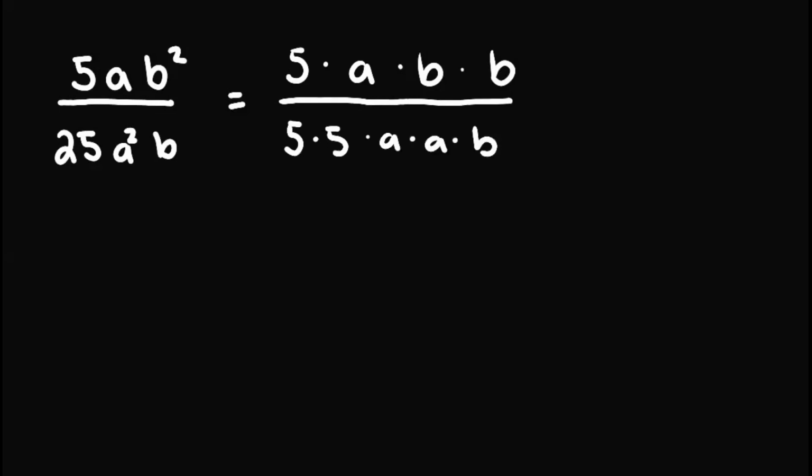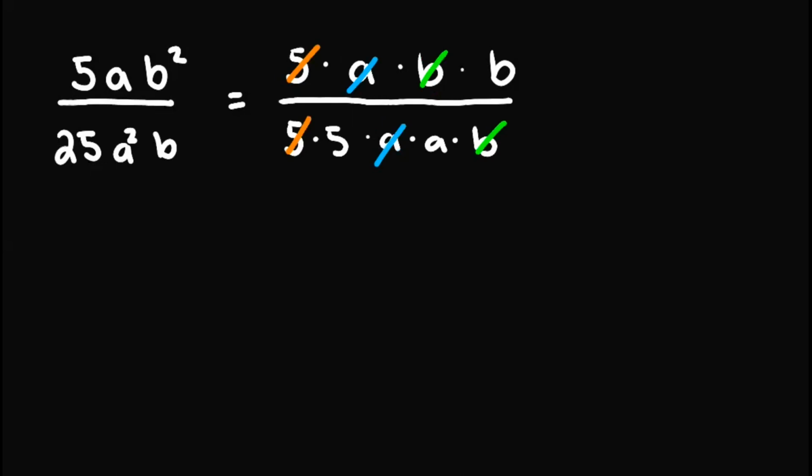After this, we can cancel out the similar terms from the numerator and the denominator. Since we have a 5 here and a 5 here, we can cancel that one out. Also, we can cancel out the a, and lastly, the b.